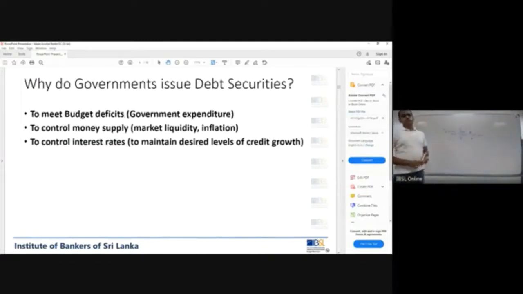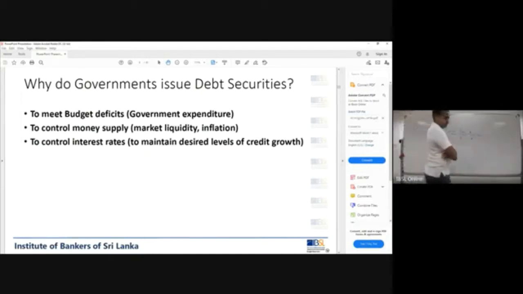Why do governments issue debt? To meet budget deficits, because governments will have inflows and outflows. The inflows will come in terms of tax collections mainly, and other things like fines, the investments will also bring some inflows. Outflows will come on infrastructure development, the capital, the government expenditure, right?